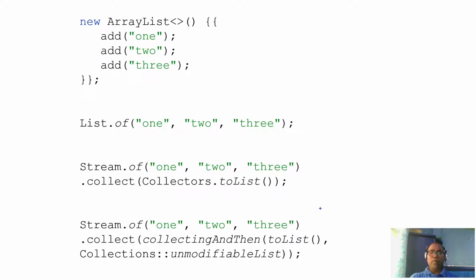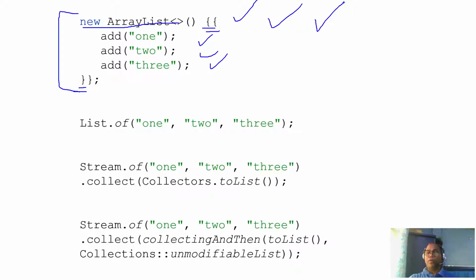So, to sum up what we have discussed: the first way, you create the new ArrayList, start a double brace and close the double brace, and here you can invoke your functions. You can do this for ArrayList, similarly for set, similarly for map. Or you can use List.of, which returns unmodifiable collections.